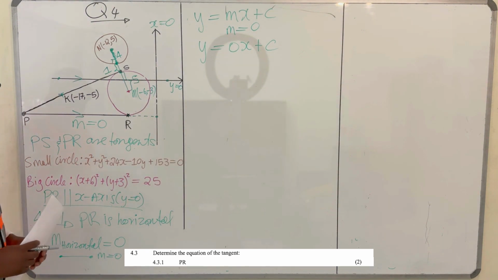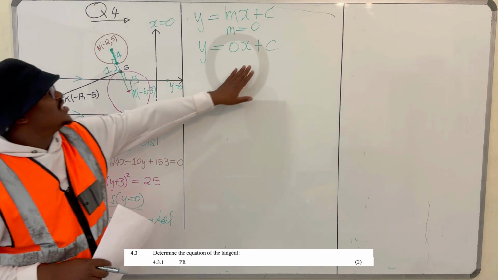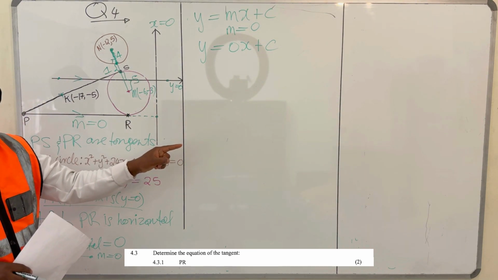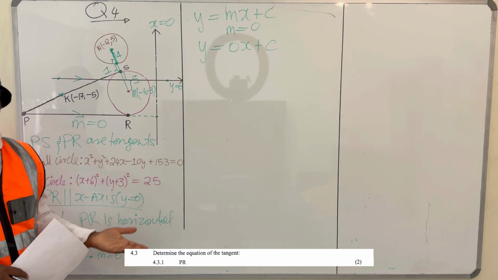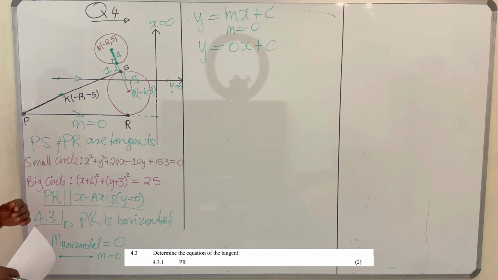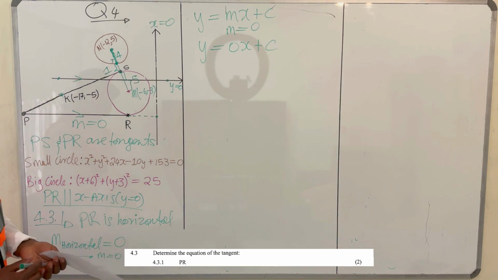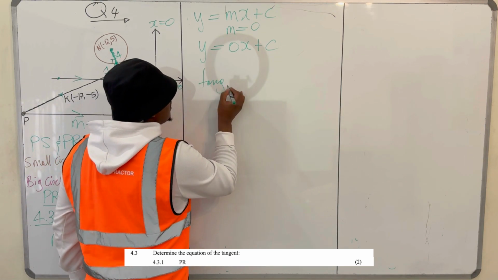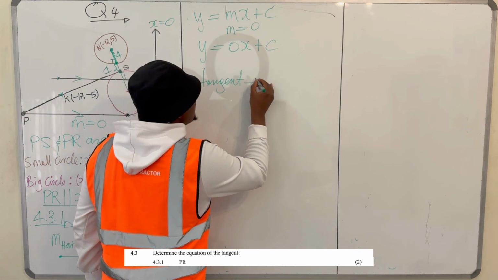No problem. So in order to find c, we need at least another point on this line. What do we need? We need another point on this line. No problem. So what also do you know about tangents? What you know about tangents is that the tangent is perpendicular to what?